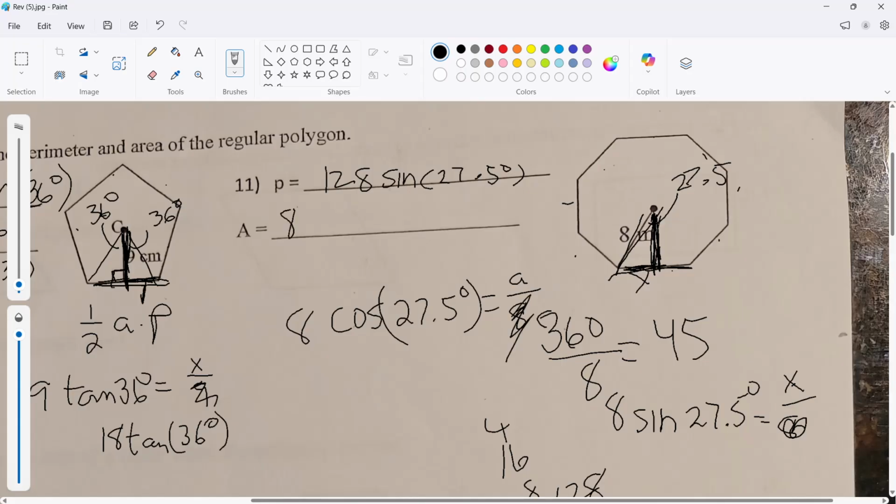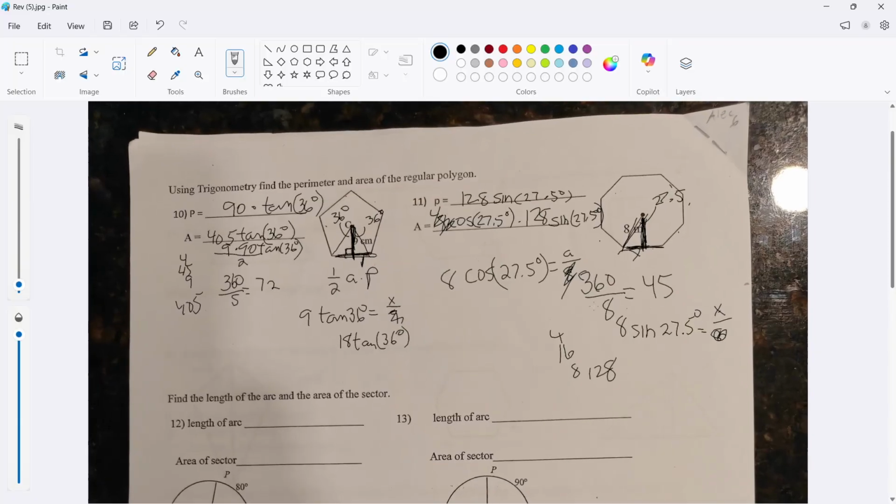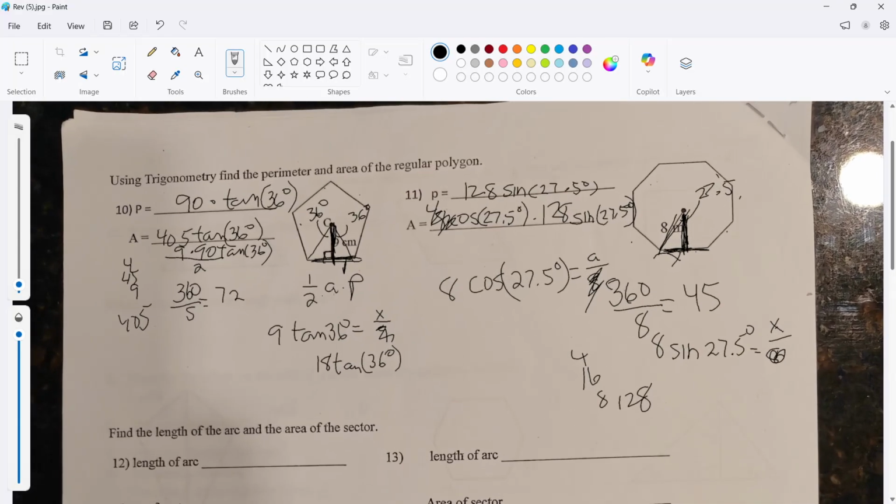So the area is 8 cosine 22.5 degrees times 128 sine 22.5 degrees, which is the perimeter, and then I have to divide that by 2. So 4 cosine 22.5 times 128 sine 22.5 degrees. That would be the area. So remember, area is 1/2 apothem times perimeter.